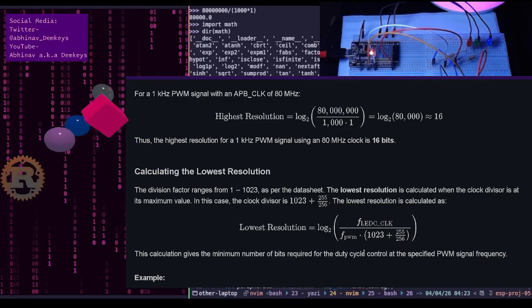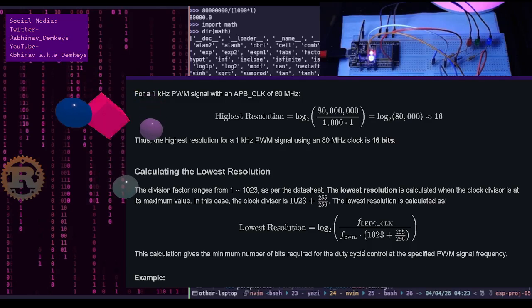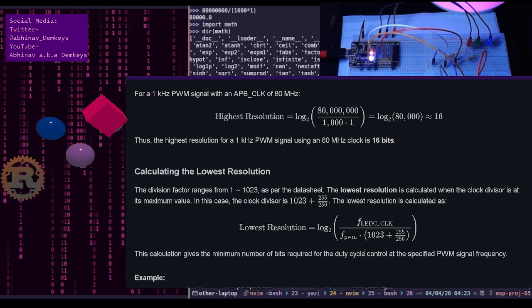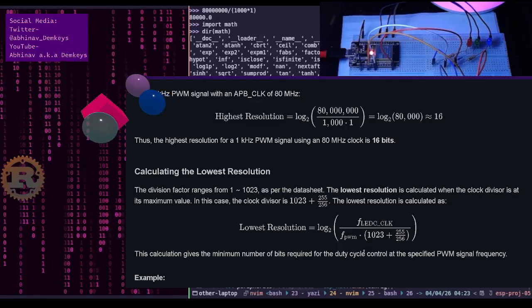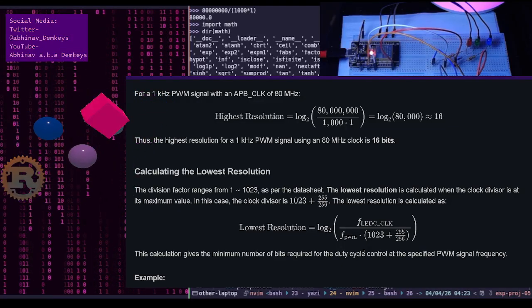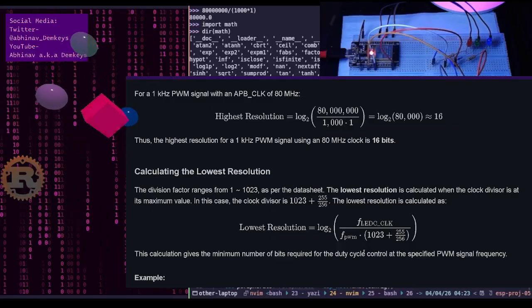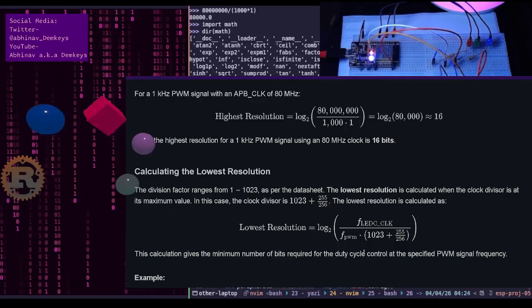The division factor ranges from 1 to 1023 as per the datasheet. The lowest resolution is calculated when the clock divisor is at its maximum value. In this case, the clock divisor is 1023 plus 255 divided by 256. I don't get this at all. Like, why?